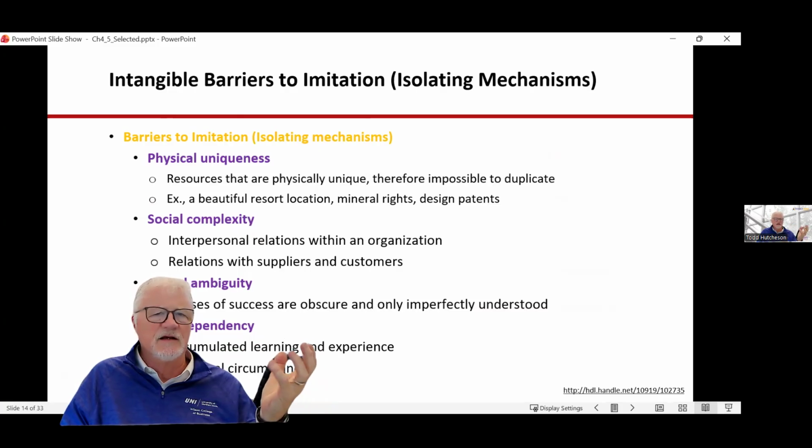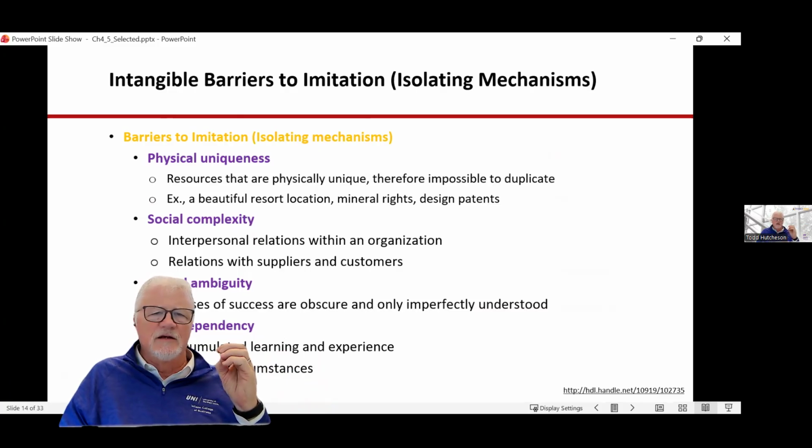Social complexity: interpersonal relationships within an organization that make it difficult to imitate, strong relations with suppliers and customers. Causal ambiguity: the causes are just obscure, imperfectly understood. You can't put your finger on what it is that makes them special.